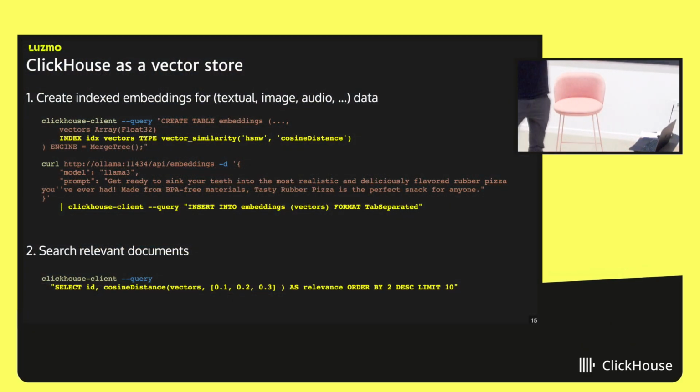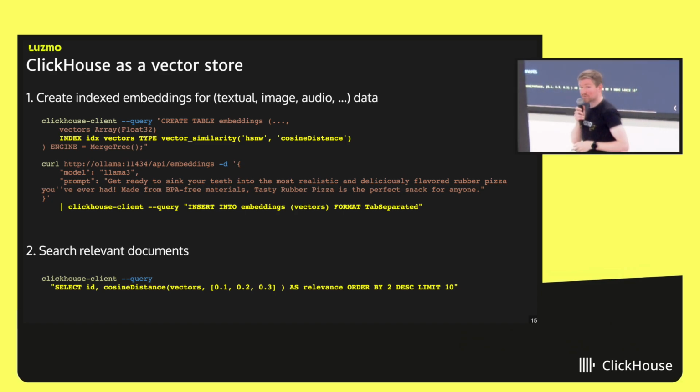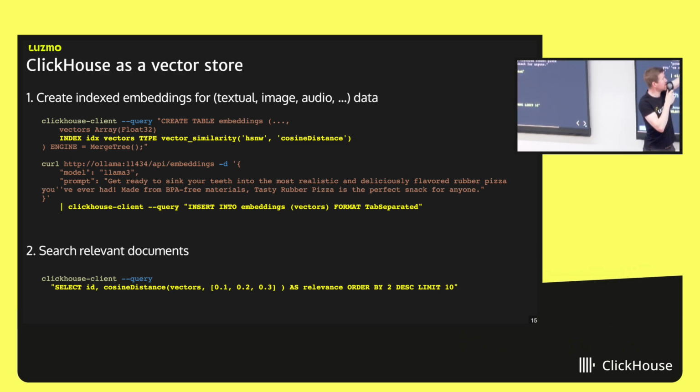Well, we actually found out that ClickHouse is quite a good vector store. So there are more specialized products for extremely large data sets, but for our scale, it works really well, and we don't want to add another technology to our stack. So how it works is as follows. We create a table of vector embeddings, a representation of a textual value in a feature space that encodes the meaning of that text.